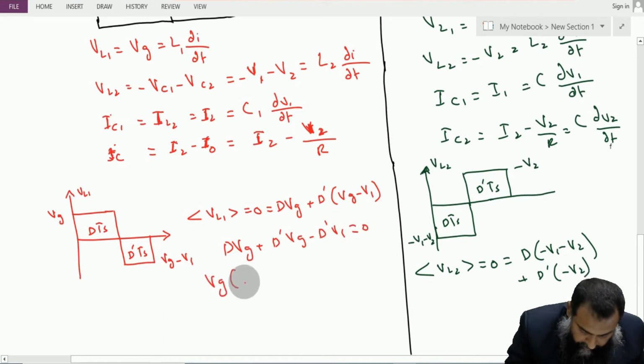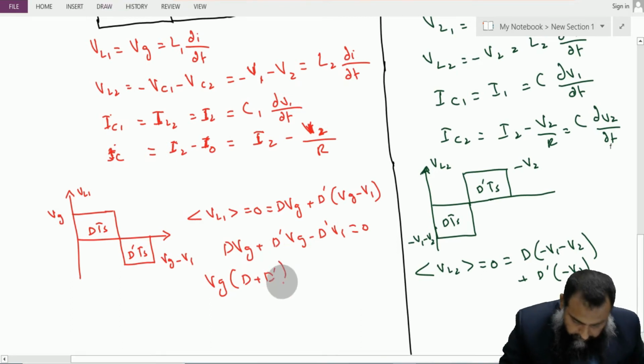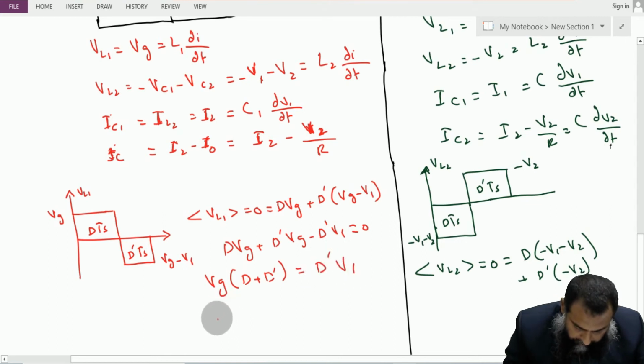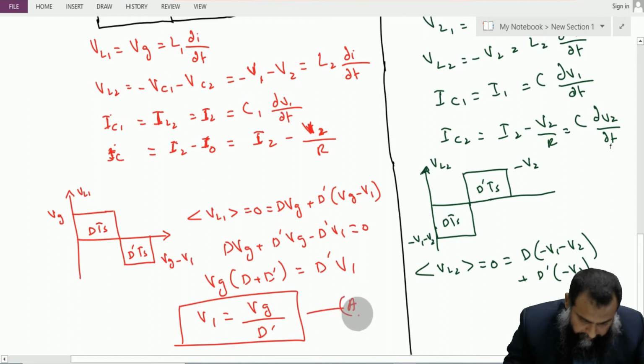Vg into (D plus D dash) is equal to D dash V1. So V1 is equal to Vg over D dash. This is my equation number A.